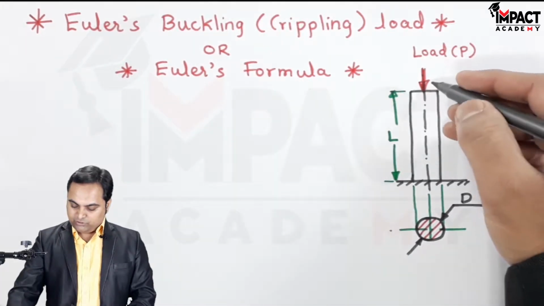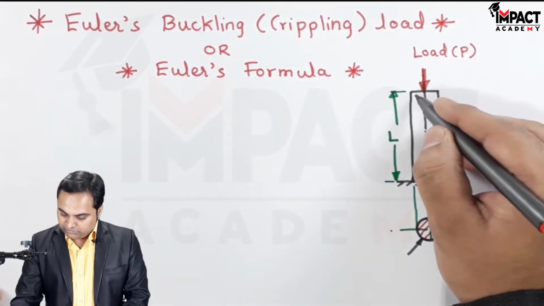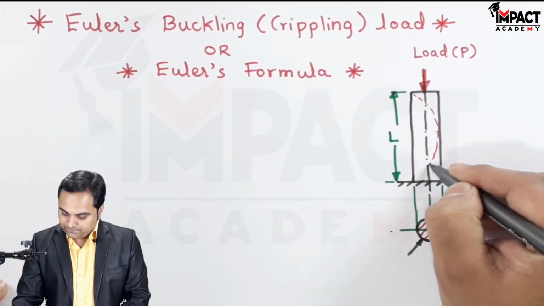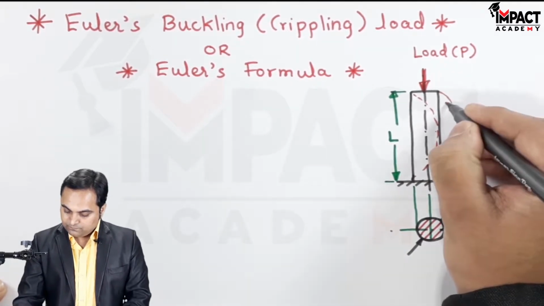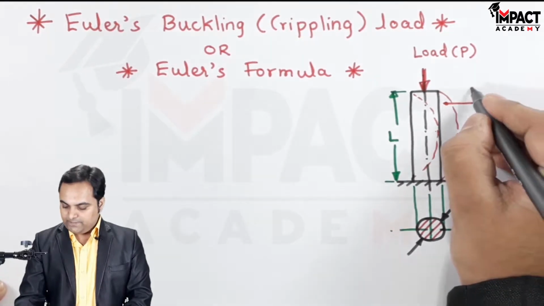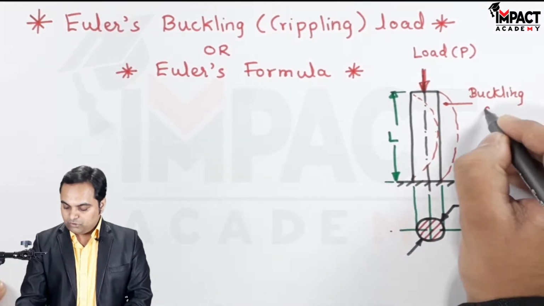Now under the action of the load, if the column is bending along the lateral direction, then it is called as buckling or crippling.